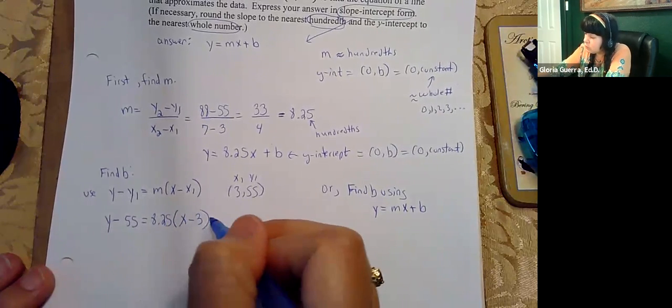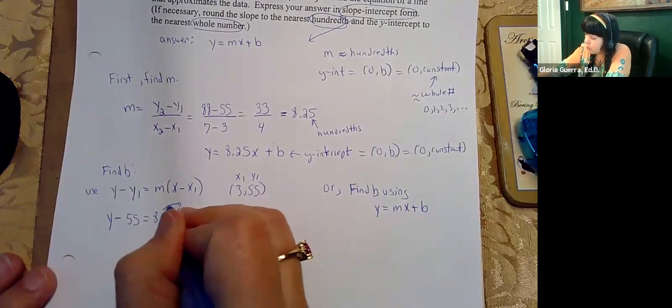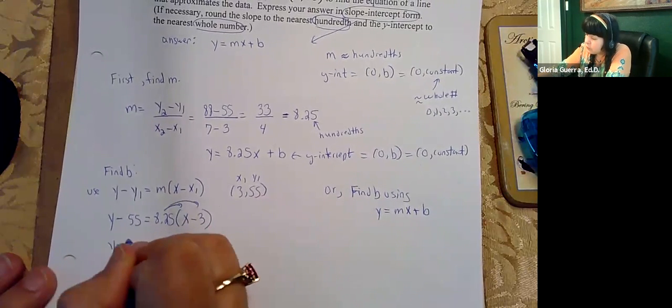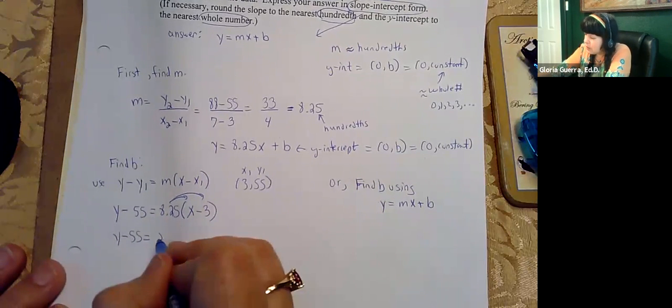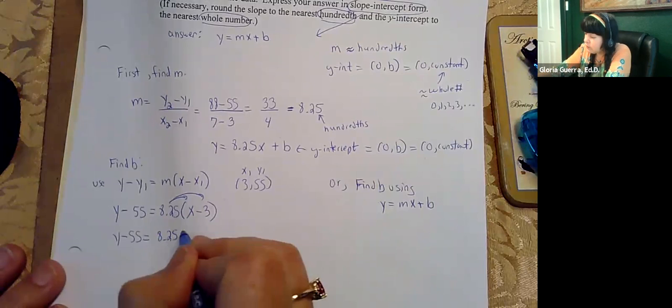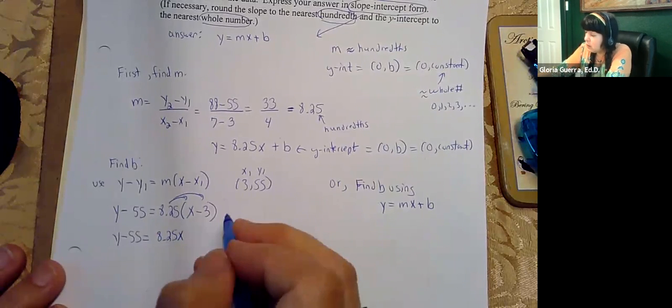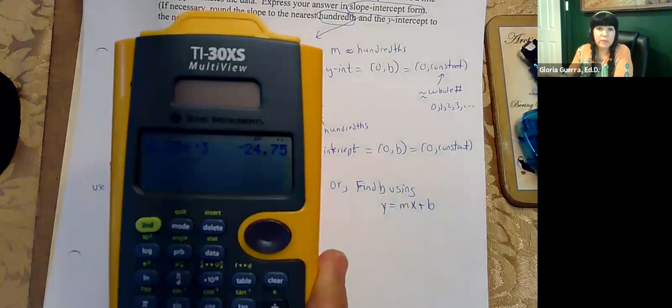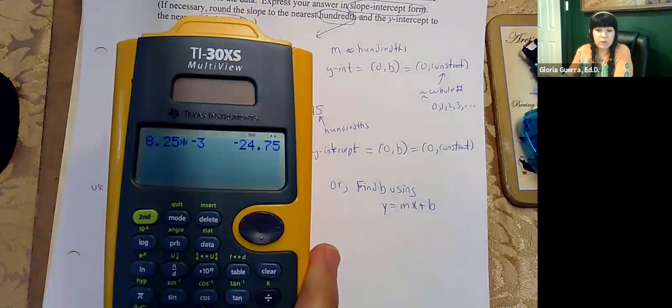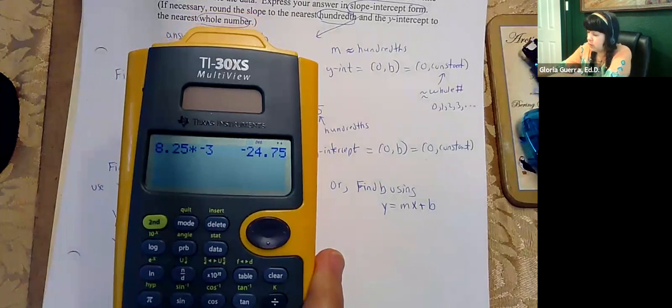Okay, so I'm going to have to do my distributive property. y minus 55 equals 8.25 times x is 8.25x. And then 8.25, let me use my calculator, 8.25 times a negative 3 is negative 24.75.